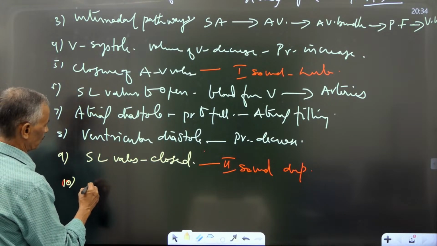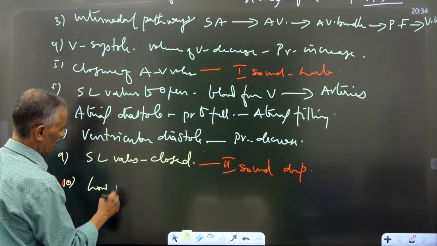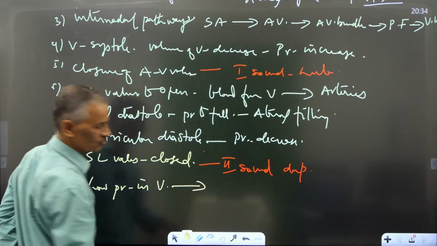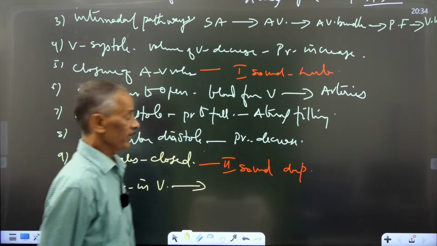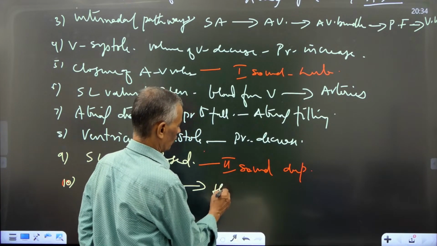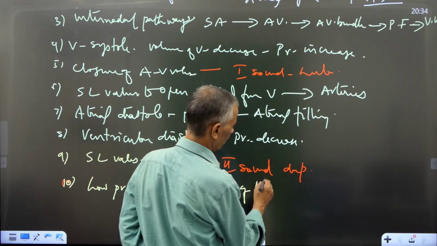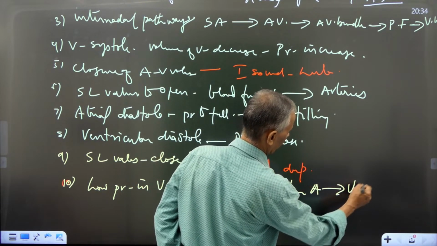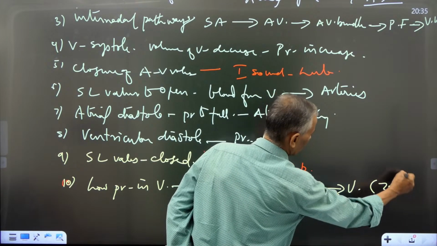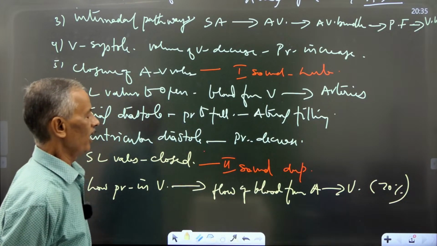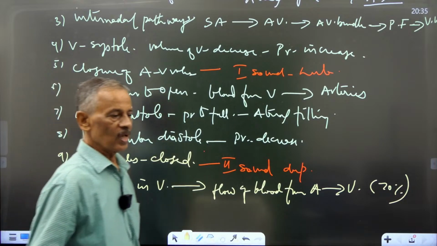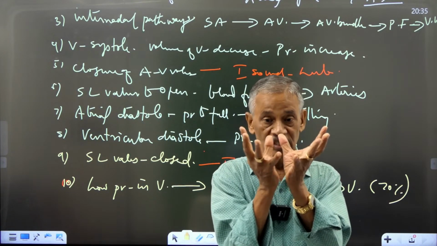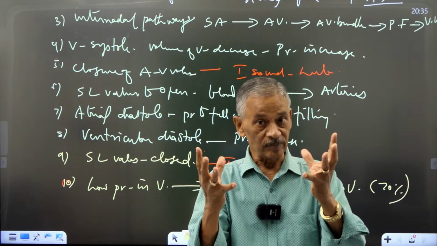That fall in pressure, low pressure in the ventricle, will cause flow of blood from the atria to the ventricle. 70% of the blood is flowing from the atria to the ventricle because the ventricles have a low pressure, because the volume is increasing.